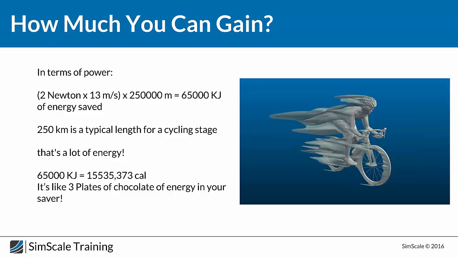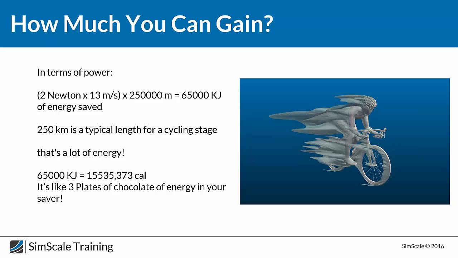So here we can assume that we have reduced our drag by 2 newtons, for a velocity of 13 meters per second, and let's assume 250 kilometers of distance, which is a typical length for a cycling stage. If we do some maths, we can see that we have gained 65,000 kilojoules, and if we convert this to calories and relate it to what the rider has to eat, it's around 3 plates of chocolate.